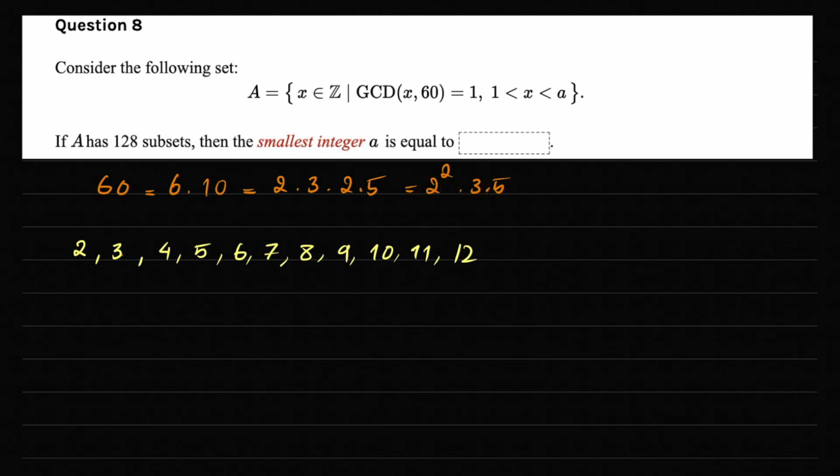So if I want to do that, this should be dropped from my list because I see a factor of 2 there. 4 includes a factor of 2. 5 includes a factor of 5. 6 includes a factor of 2, or of course 3. So 7 is the first acceptable one. Because if I put 7 here, GCD between 7 and 60 is definitely 1. Okay. But again, let us continue.